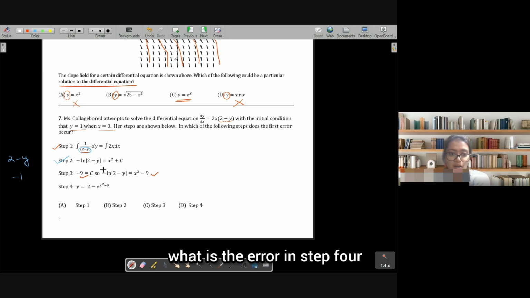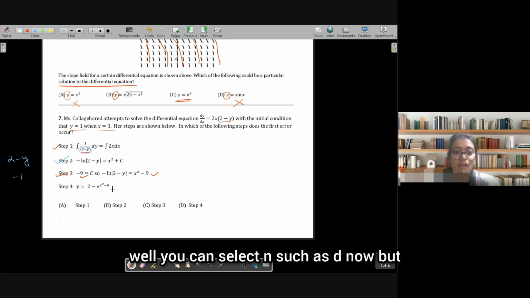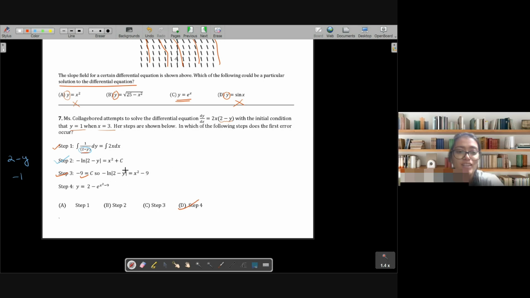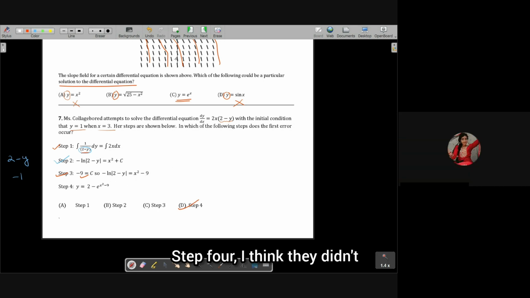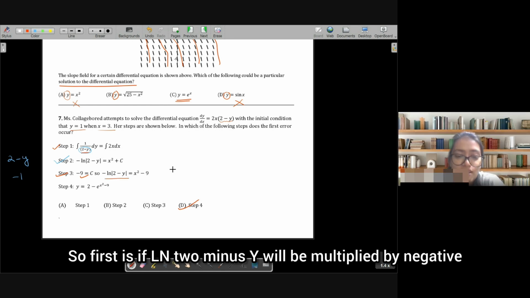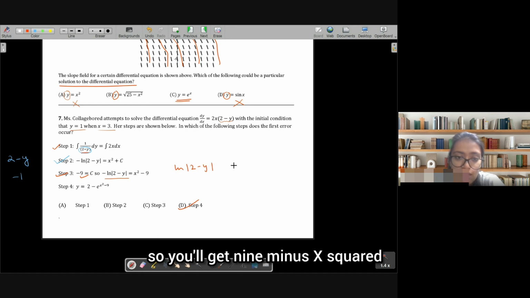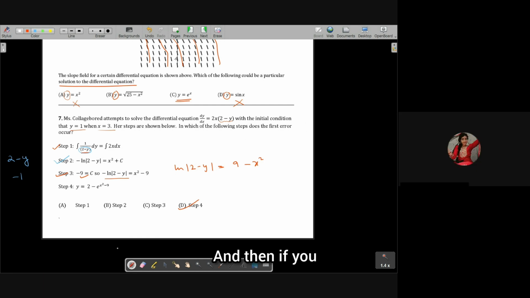Now, what is the error in step 4? Well, you can select answer choice D now, but if you find the error in step 4, it's the 2 minus y part. First, ln of 2 minus y will be negative, multiplied by negative, so you'll get 9 minus x squared. Sorry, take 1 second, my iPad fell over.